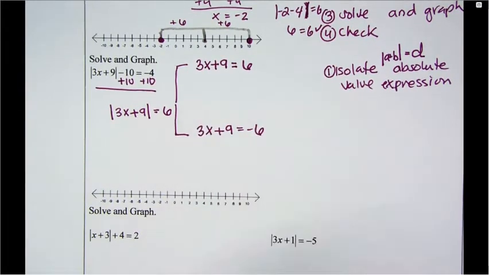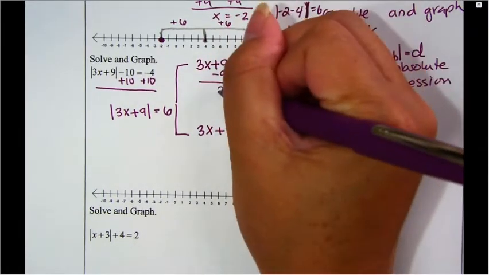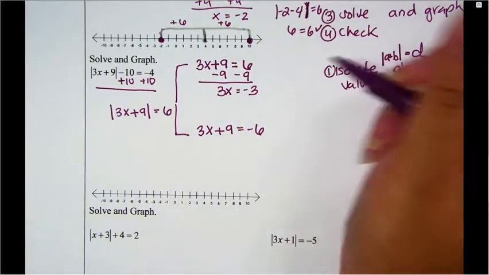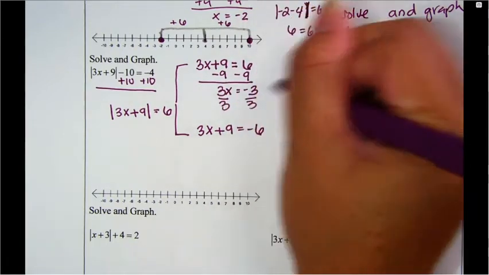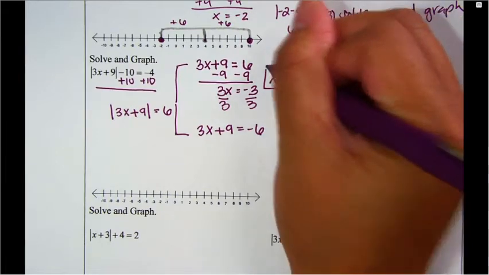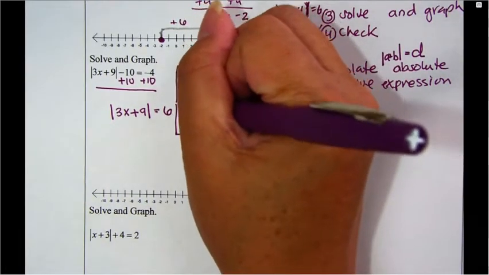So we're going to go ahead and solve for this. I got 3x is equal to negative 3, divide by 3 on both sides, and we get x is equal to negative 1. Great, we have one solution. Let's go ahead and check the other one. I'm writing "or" here because it's or.